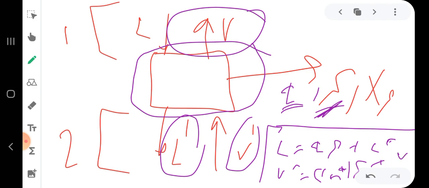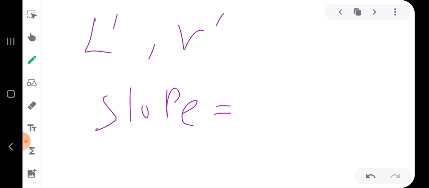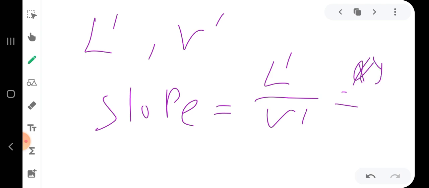So this is a simple material balance, and again you can utilize this material balance to determine the values of L and V, and then you say that the slope of this operating line is equal to L over V, which is equal to y2 minus y1 over x2 minus x1.